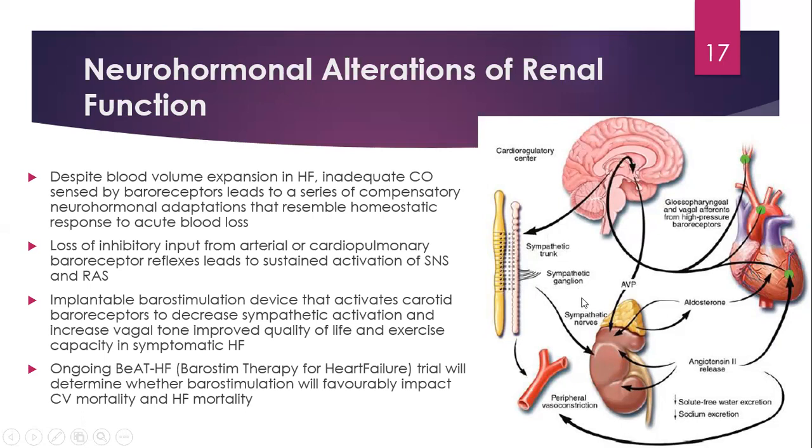Those sympathetic effects on the kidney cause increased production of renin, and sodium and water retention. And then renin production ultimately leads to activation of angiotensin, with all the effects that we've talked about.